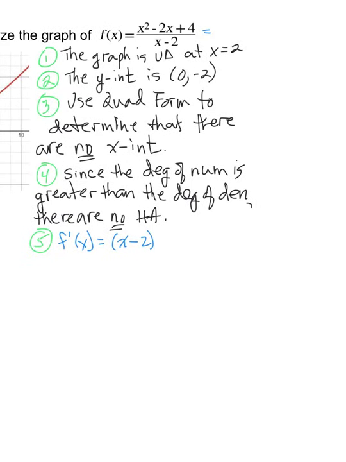All right, so x minus 2 times 2x minus 2 minus x squared minus 2x plus 4, and then it was times 1. That's the derivative of the denominator, which is 1, so I didn't write that in there. All over the denominator squared.